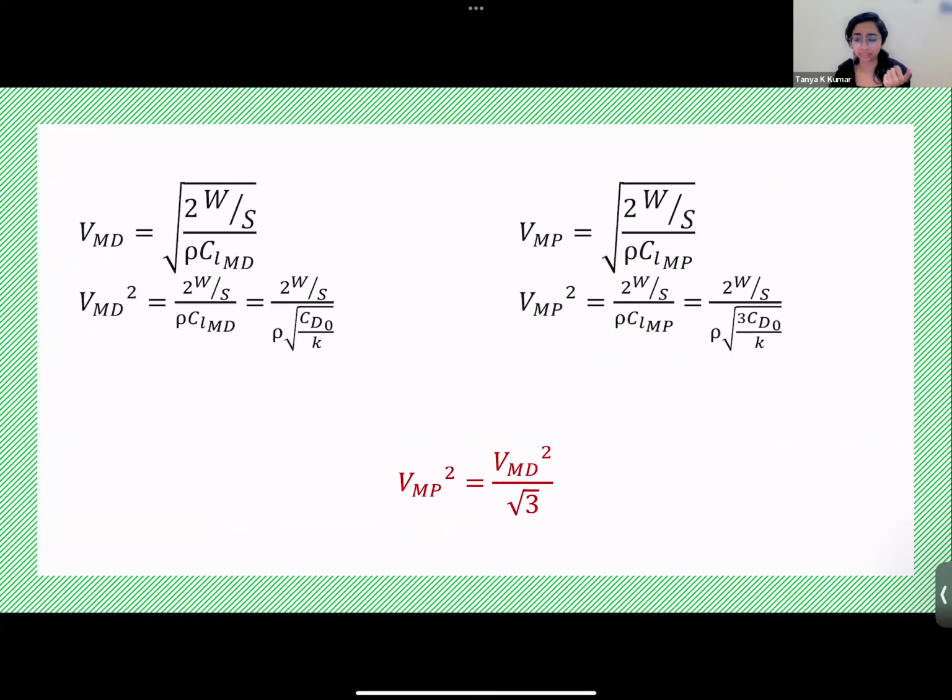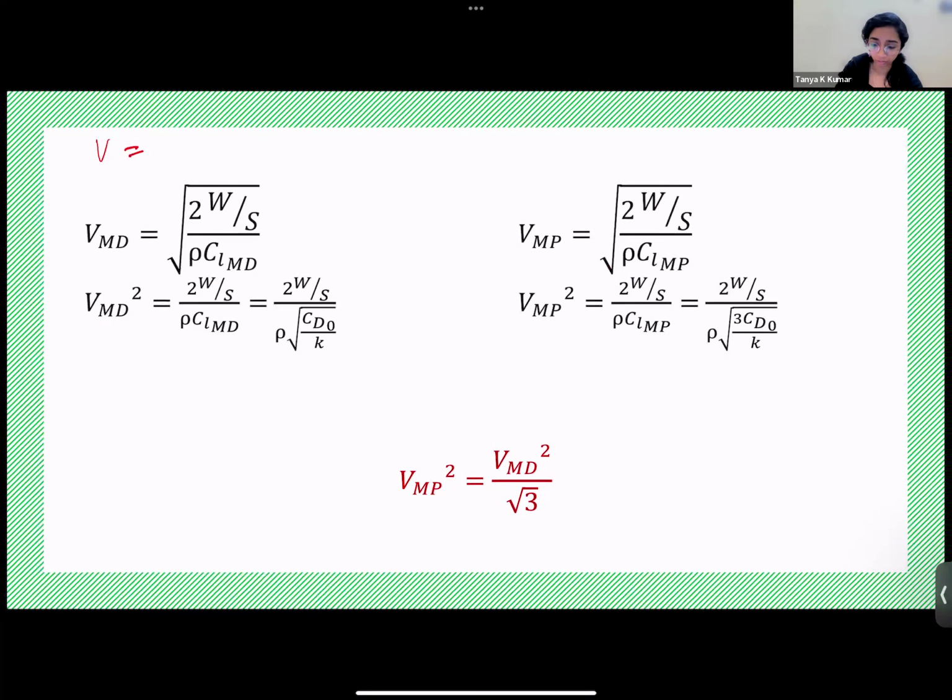There was a question in the forum, so I thought we'll address this. There was a question about how the velocity for minimum power and minimum drag are different. Just write down the equation for velocity. You have V equals, as we did just now, the square root of 2 times wing loading by rho CL.